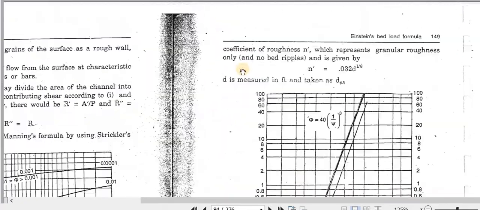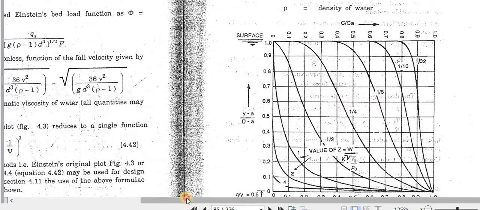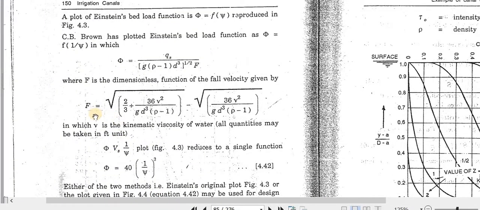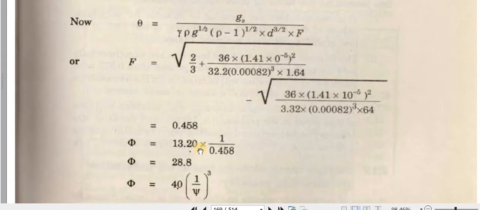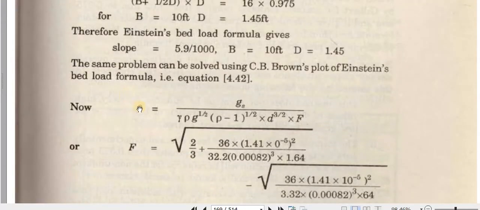We have to calculate capital F. It needs kinematic viscosity and the density of water, or specific gravity. And we have to find theta.